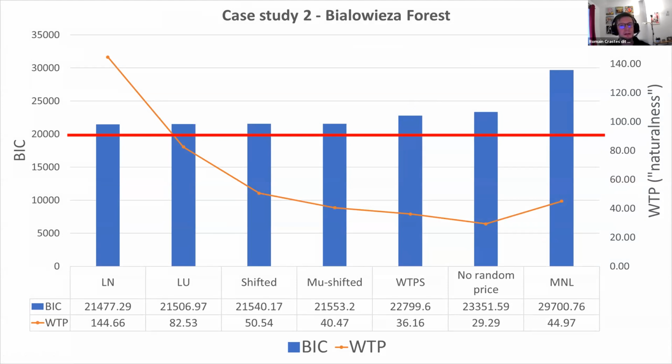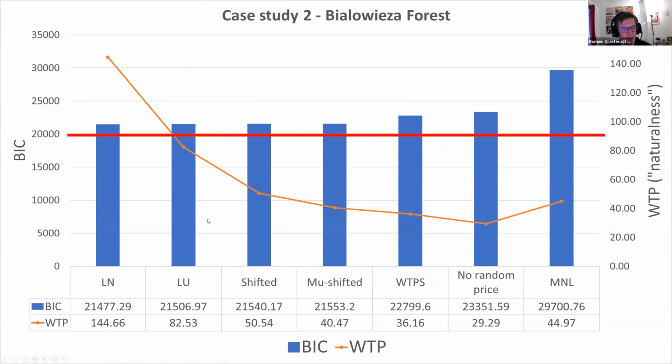Now this is a data set about restoring and conserving Polish forest, called, I can't pronounce it very well, I apologize. And again, this red bar is the highest bid, which is 100 zlotys. And what we find is that the log normal model gives us a willingness to pay for improving the naturalness of the forest of 144 zlotys. And so this is above that range.